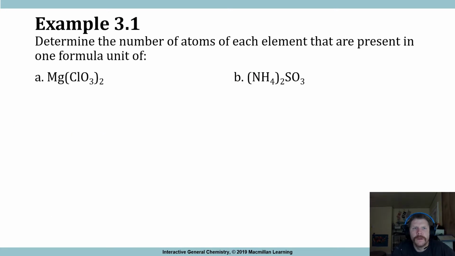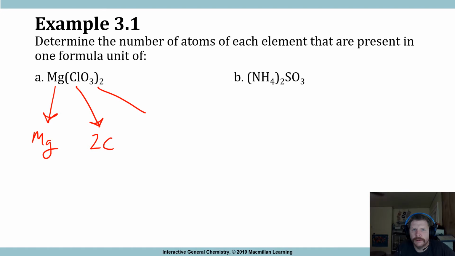Okay. Now, determine the number of atoms of each element that are present in one formula unit of Mg(ClO3)2 and (NH4)2SO3. Well, this is kind of easy. We've got 1 Mg. We've got, well, this 2 has to apply to what's in the parentheses, so 2 Cl.